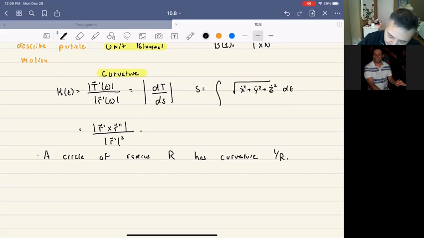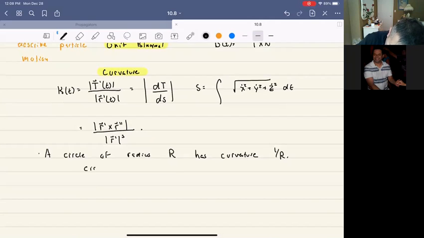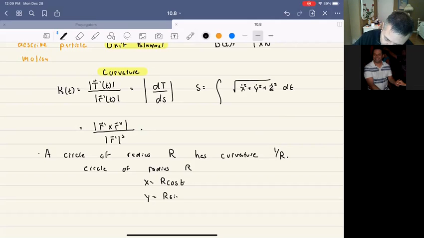Let's take our circle of radius r. We already know the equations that describe that: x equals r cosine t, y equals r sine t. We're going to write our r of t, assuming it's in the xy plane: r cosine t, r sine t, and we'll just add a 0 there.